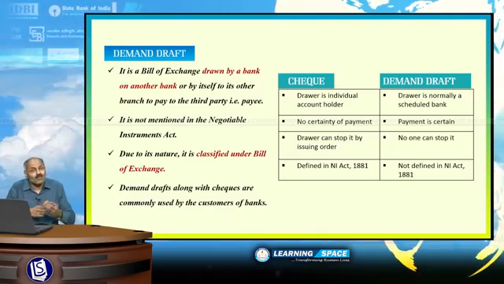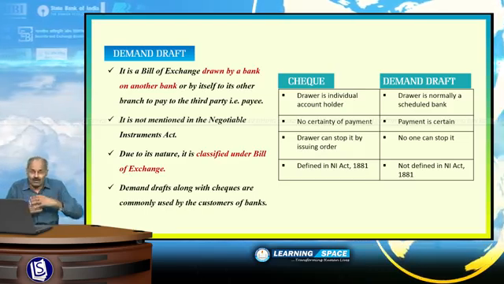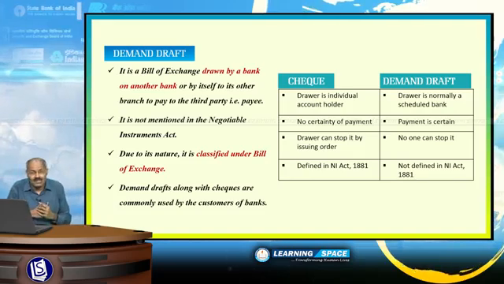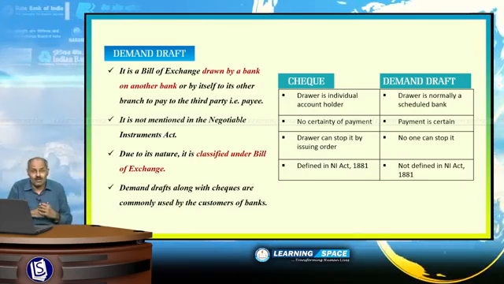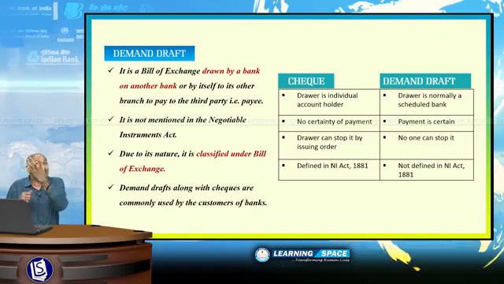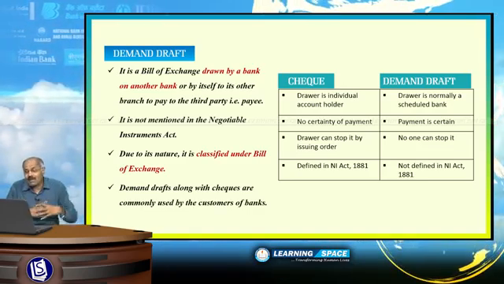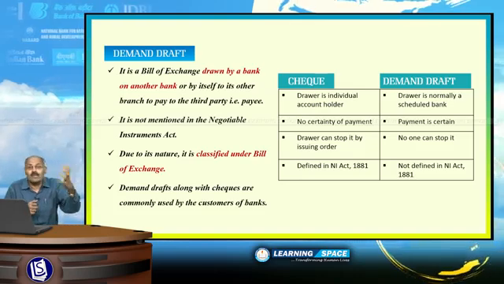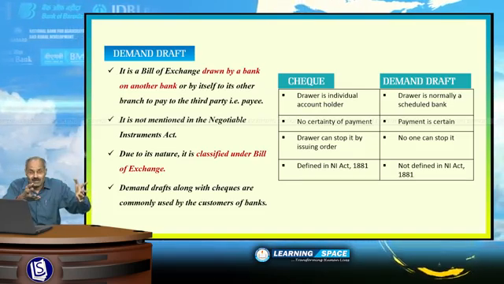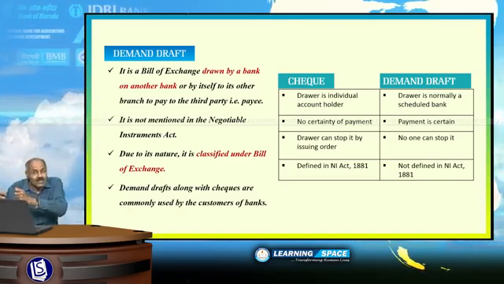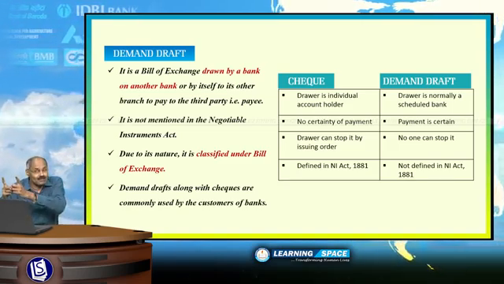Please look into it. Here the drawer is an individual account holder, he may be an individual account holder or a company, whatever it is. In the case of a check the drawer is an individual account holder, but in the case of a demand draft, normally it is a bank. The second important difference is that in a check, there is no certainty of payment. The payment is uncertain in the case of checks, but in the case of demand drafts, the payment is certain.